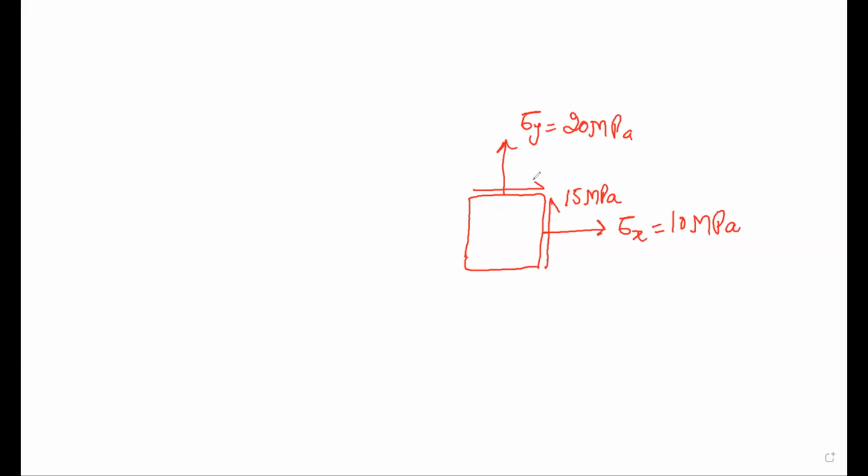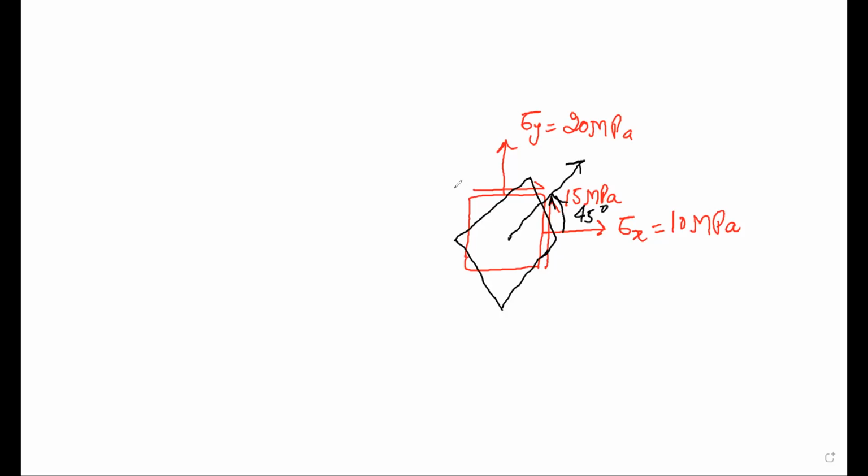Now suppose the element is rotated in the anti-clockwise direction by an angle theta equal to 45 degrees.